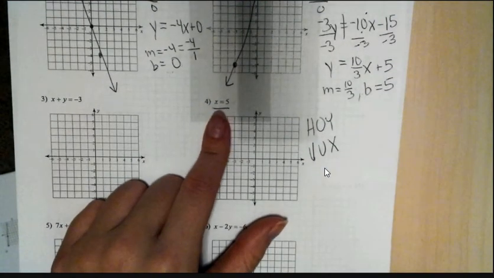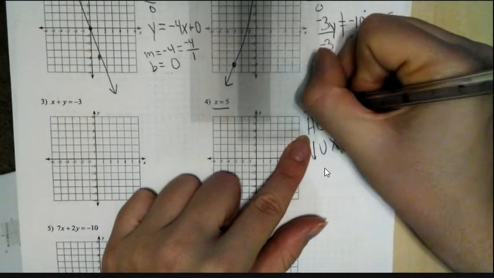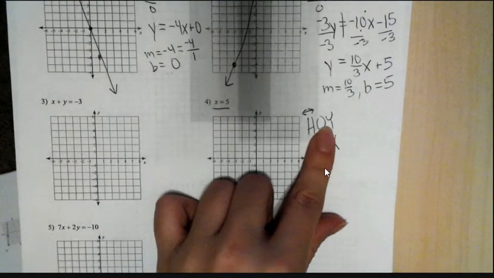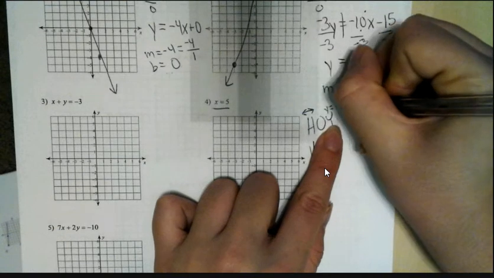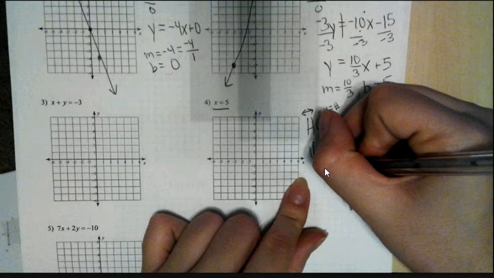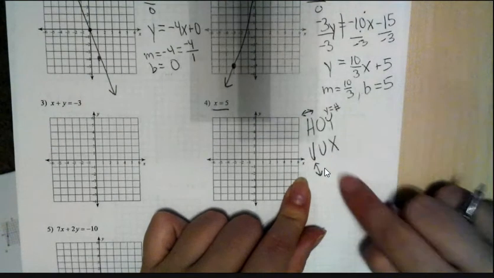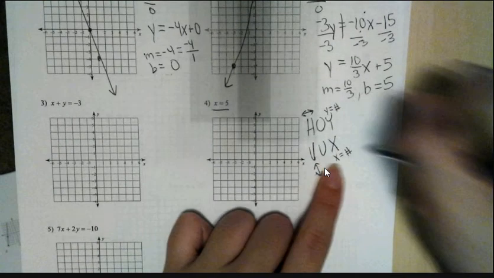This helps us remember that if I have a horizontal line, it's a 0 slope and it is y equaling some number. However, if it's a vertical line, the slope is undefined, and that is x equaling a number is what that equation looks like.